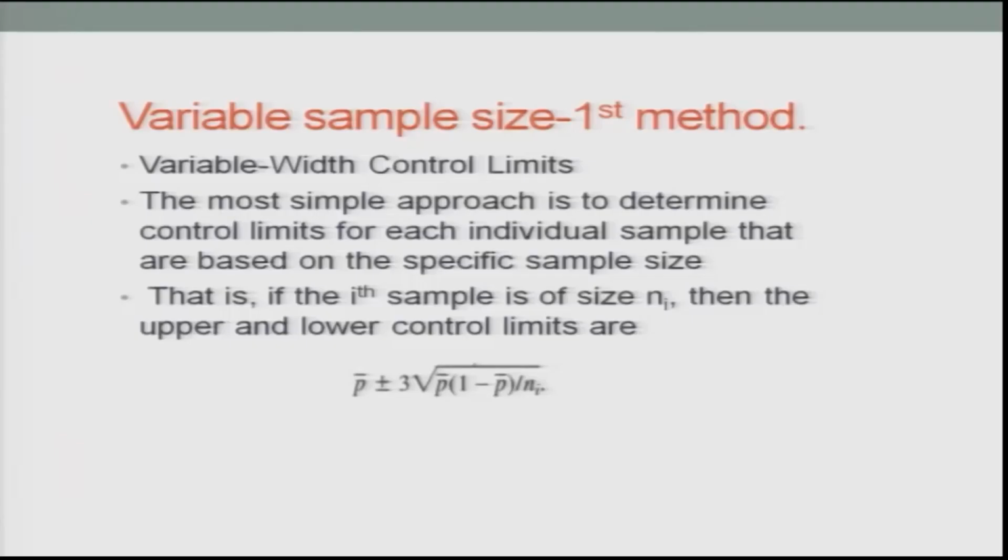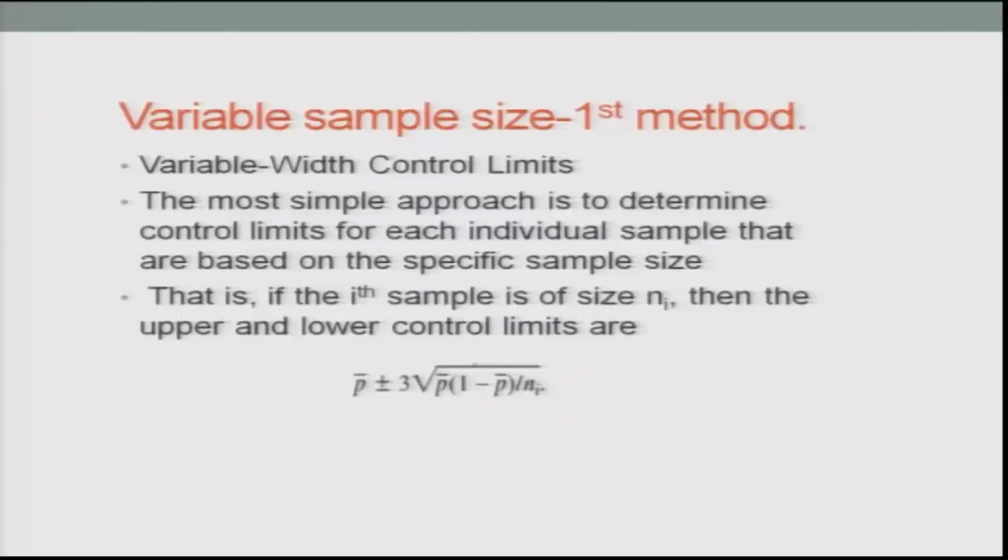Now, in the variable sample size, the first method is variable with control limits. So, you would have some control limits for the variability, and the variability is there for the sample size. The simplest approach is to determine control limits for each individual sample that are based on a specific sample size. So, n is the sample size, we will keep taking n observations, a set of observations each time, and do our studies accordingly.